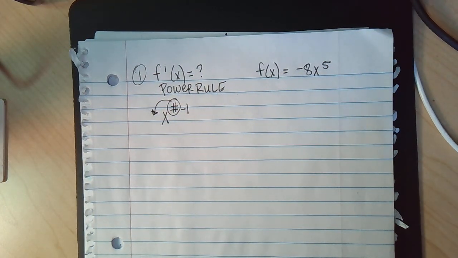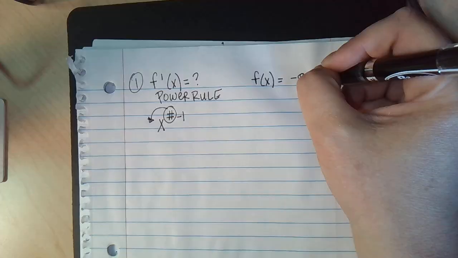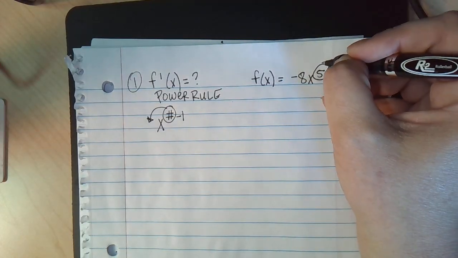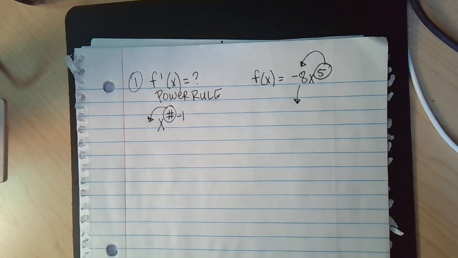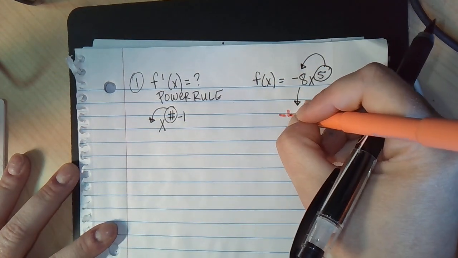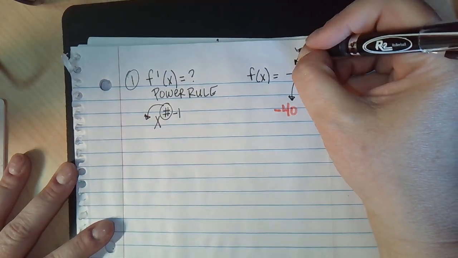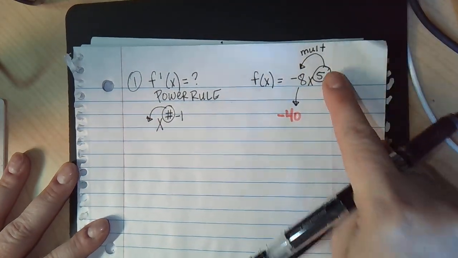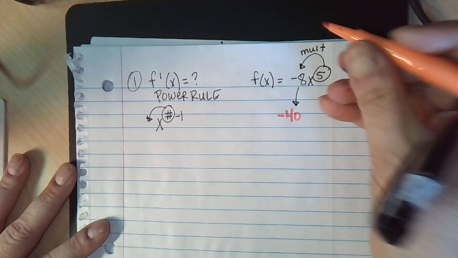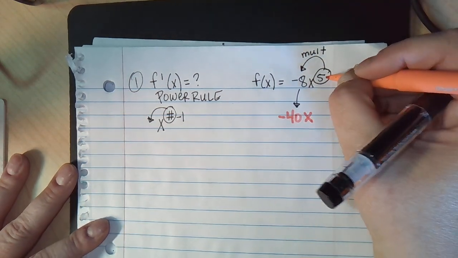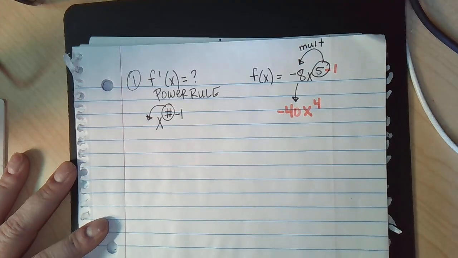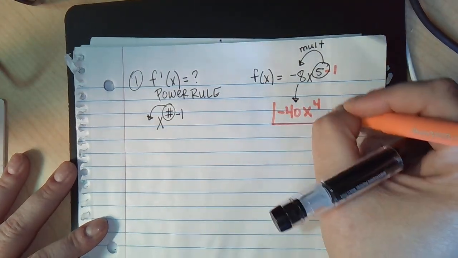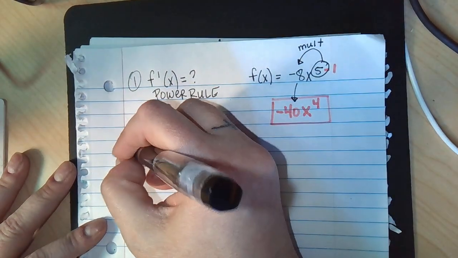So I'm going to take this 5 in the air and multiply it with what's in front. 5 times negative 8 is negative 40. Then we're going to have x, and we subtract 1 from the exponent, to the 4.